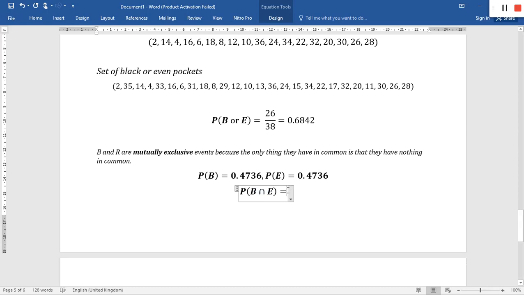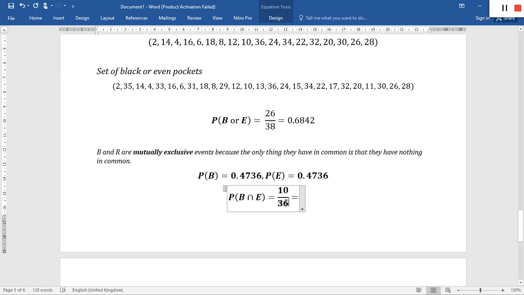So the probability of B intersect E is 10 divided by 36, and that would give you, when you divide 10 by 36, that's like 5/18, so that gives you 0.277. Sorry, sir, 38?